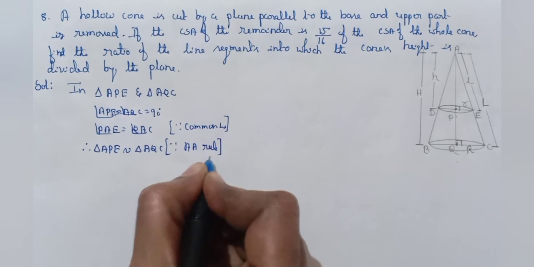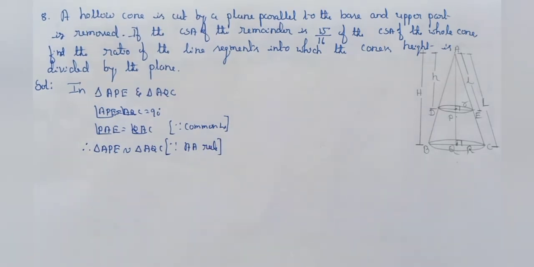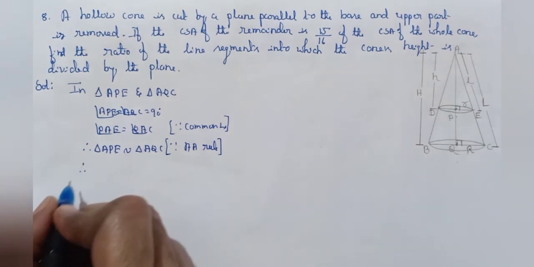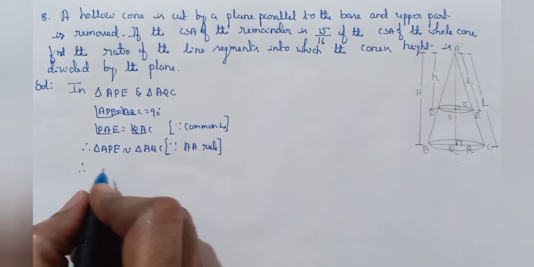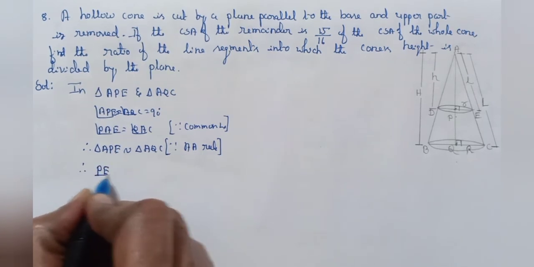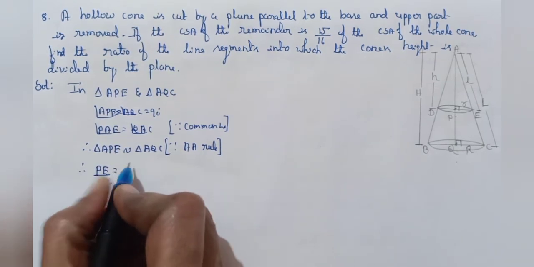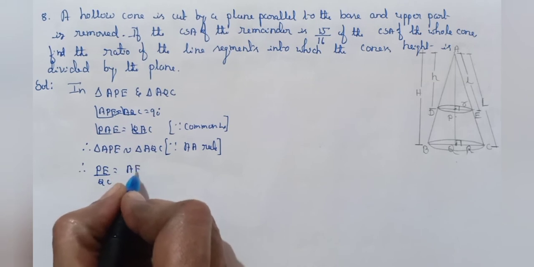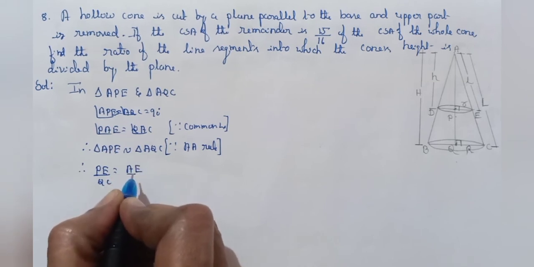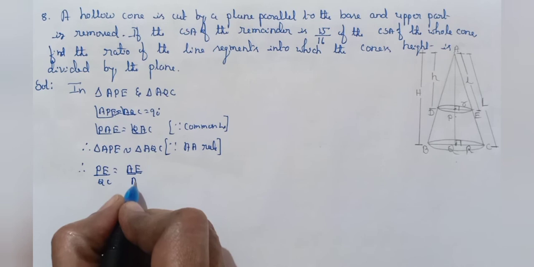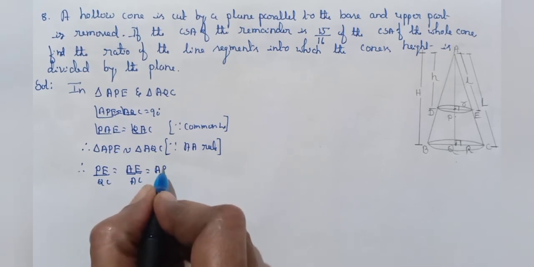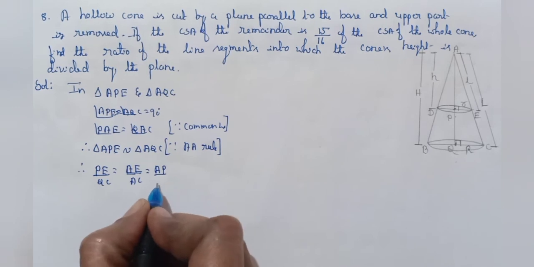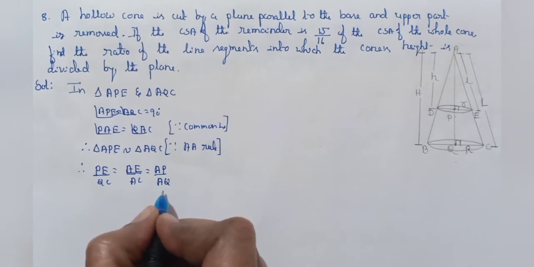When the two triangles are similar, then the ratio of their corresponding sides are equal. Therefore, take the ratio of the base: PE by QC is equal to AE by AC, the ratio of the slant height, and the ratio of height is AP by AQ. AP is the height of the smaller cone and AQ is the height of the bigger cone.